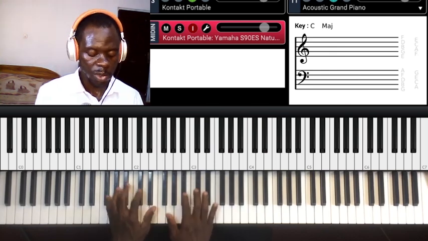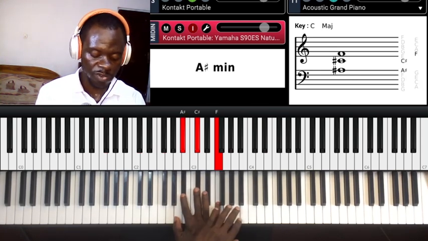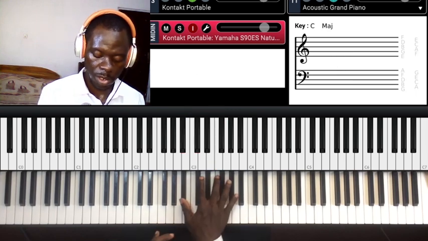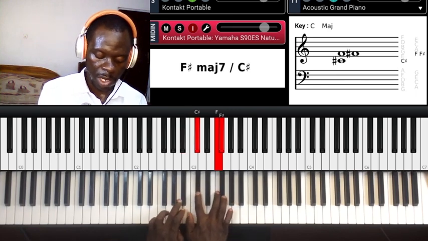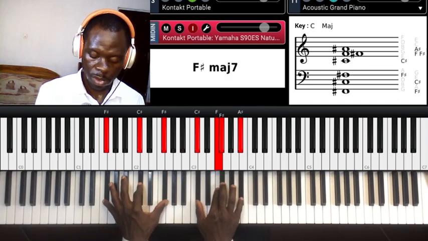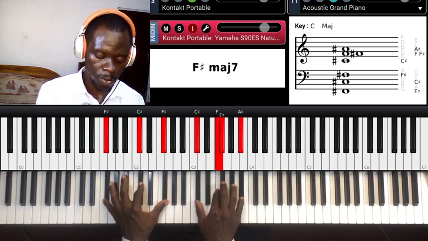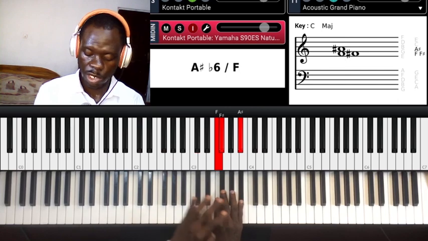Okay, so now let's move on to chord 4. This has already moved to here. So now this B flat will now move. And then the C sharp would move.